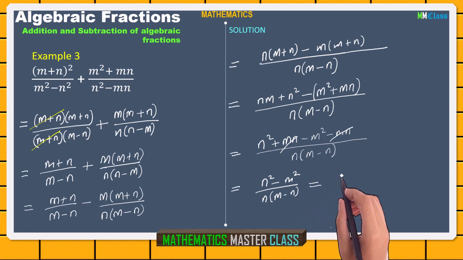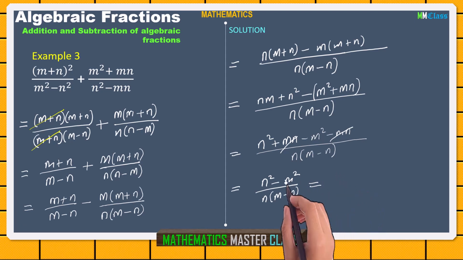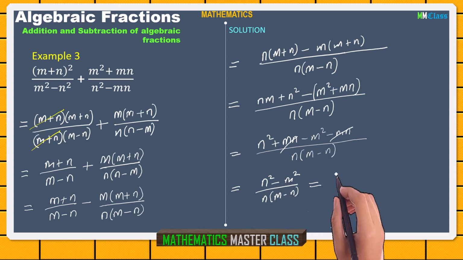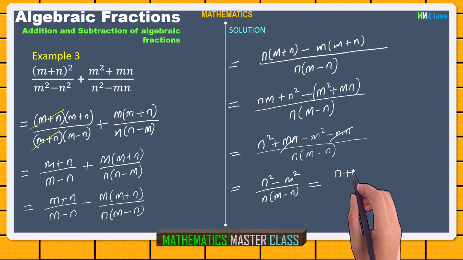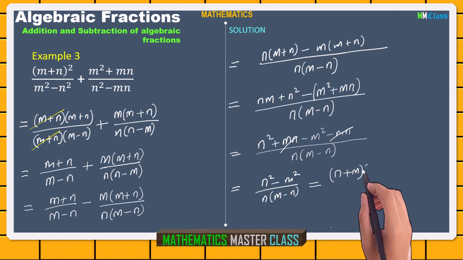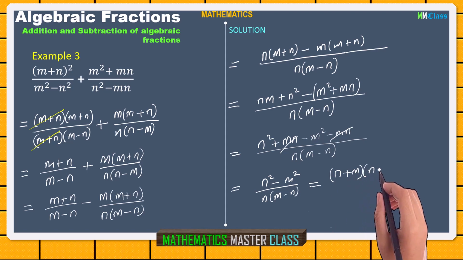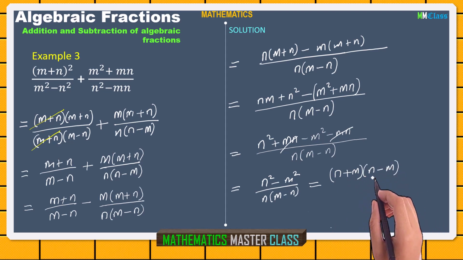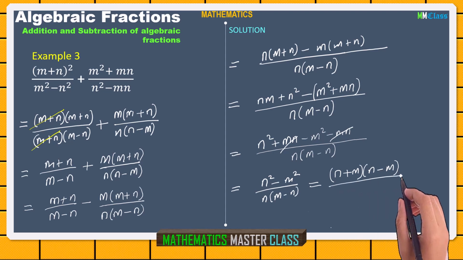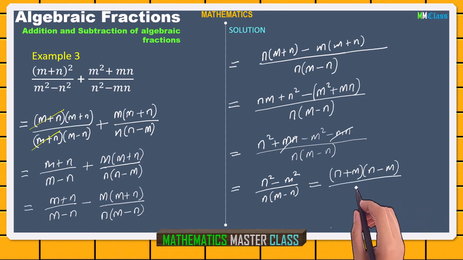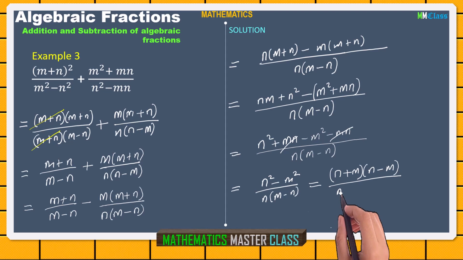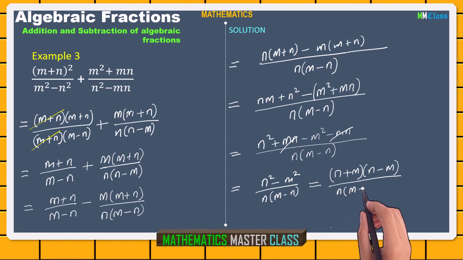This will be equal to, this is difference of two squares, so we expand it as (n plus m) times (n minus m), close bracket, all over n(m minus n).